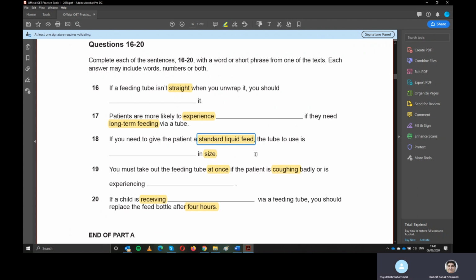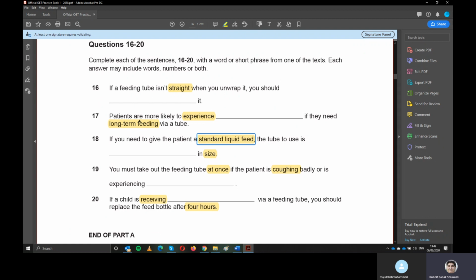So the tube to use is 6 FR in size. If coughing or breathlessness, or is experiencing breathlessness. If a child is receiving expressed breast milk via a feeding tube, you should replace it every 4 hours. So the only one we don't know is patients are more likely to experience what if they need long-term feeding via a tube.